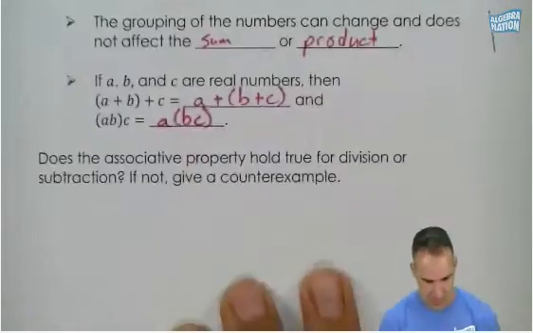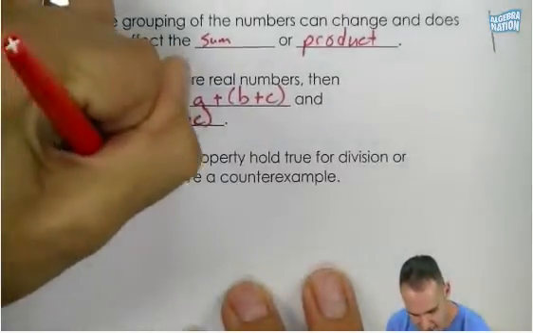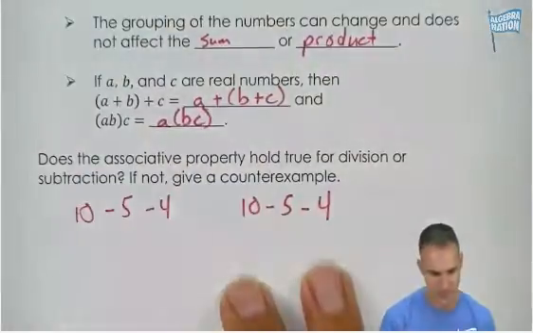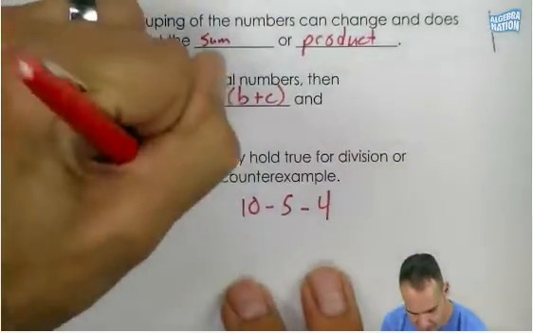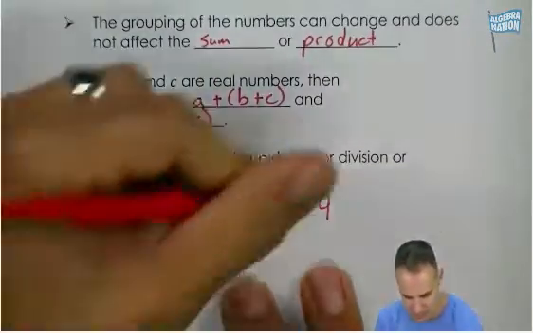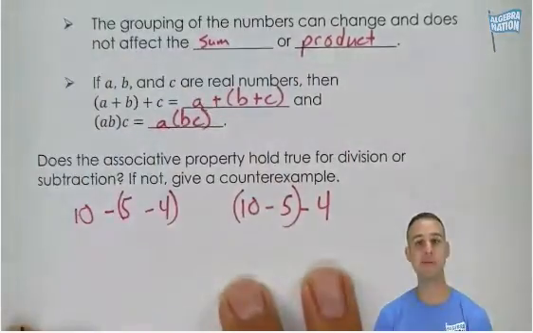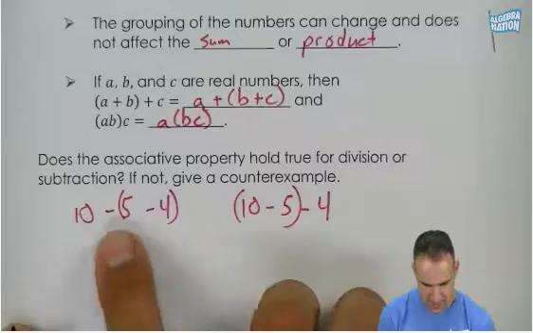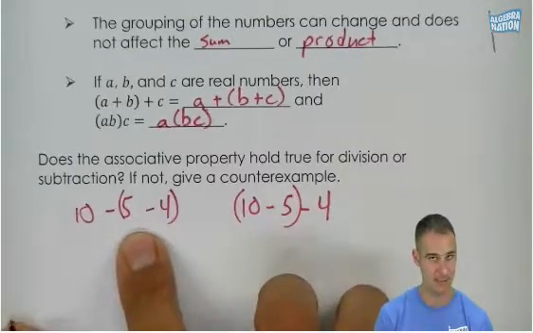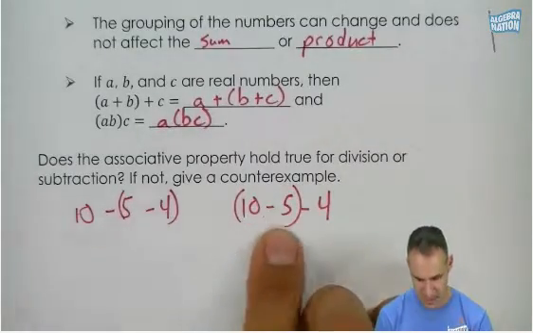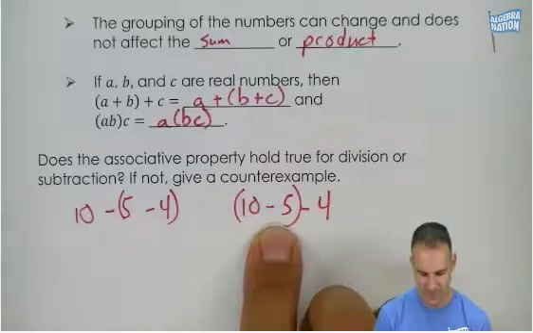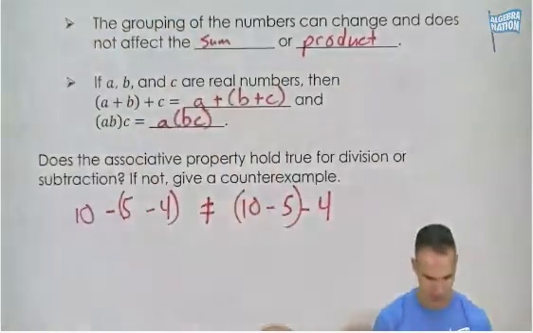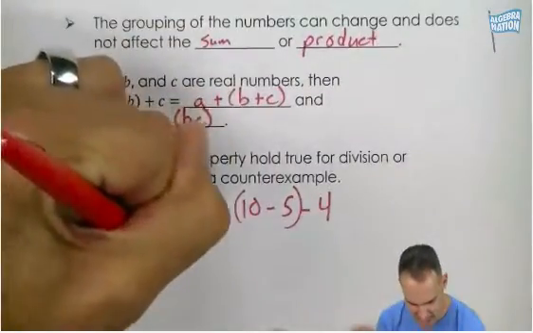Okay, so let's try 10 minus 5 minus 4. Let's put parentheses around the last two numbers and then around the first two numbers and see what happens. 5 minus 4 is 1. 10 minus 1 is 9, so remember 9. 10 minus 5 is 5, and 5 minus 4 is 1, which is not 9. No. And let's look at division.